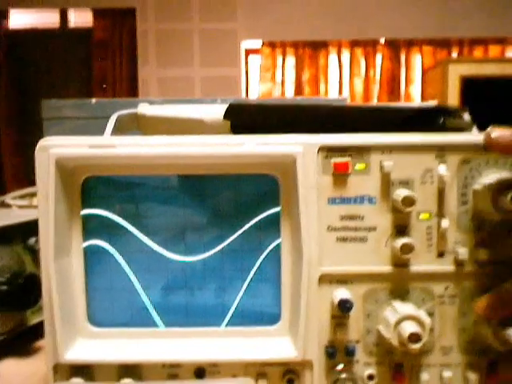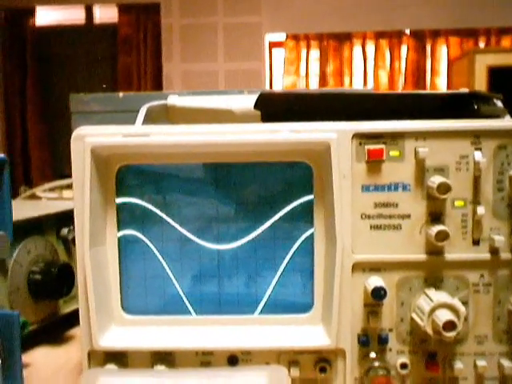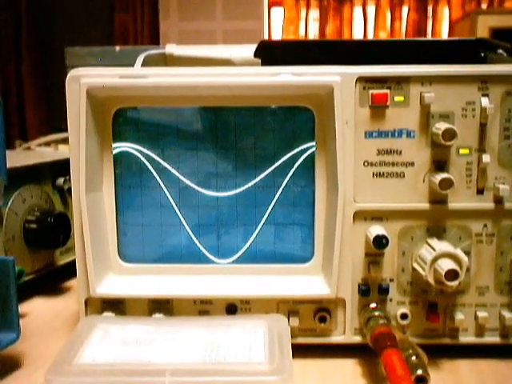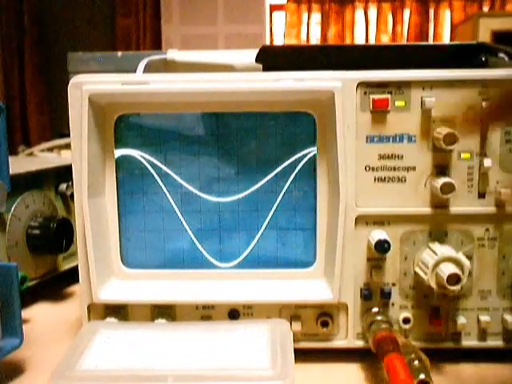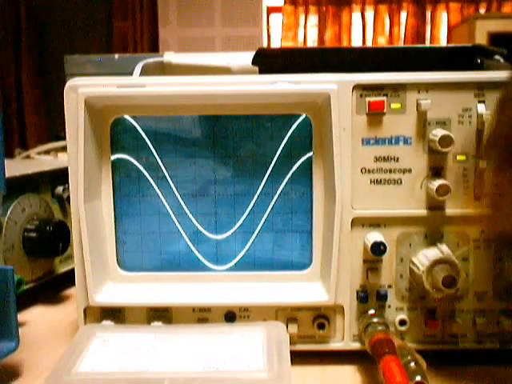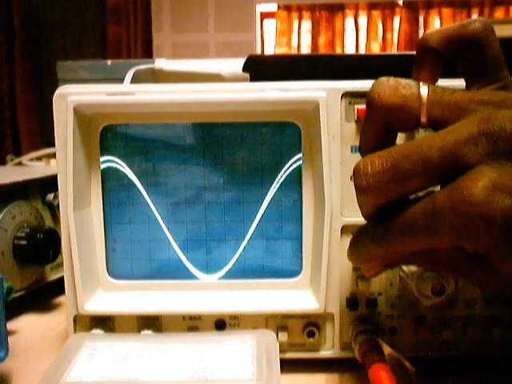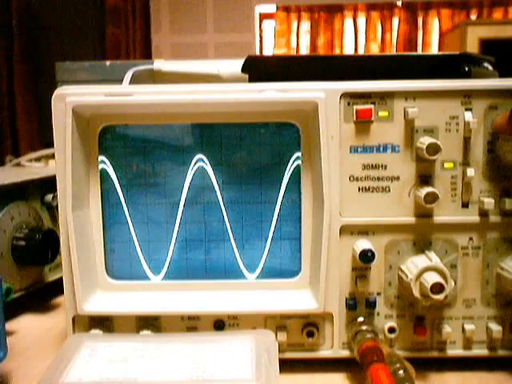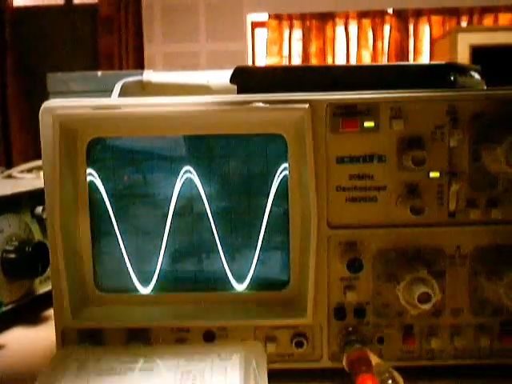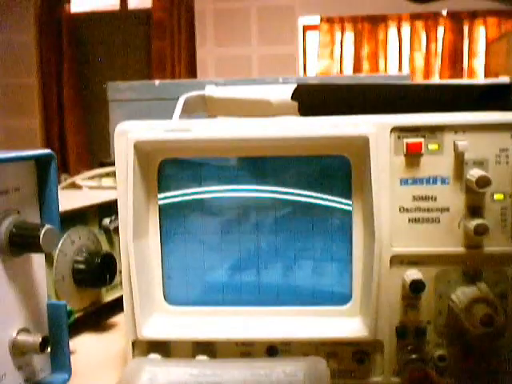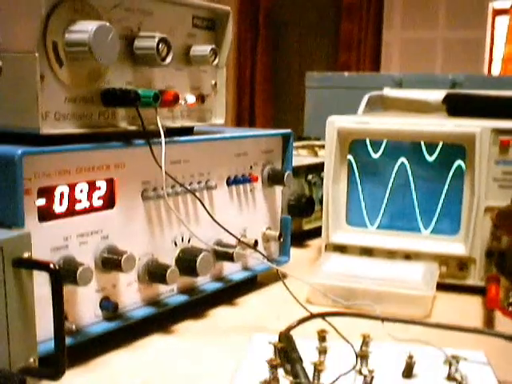Now it's around 2 kilohertz. Let us identify what is the output voltage. The output voltage happens to be 12 volts. Input is there at 12 volts. Input is slightly more than 12. Okay, let me first measure the input voltage.